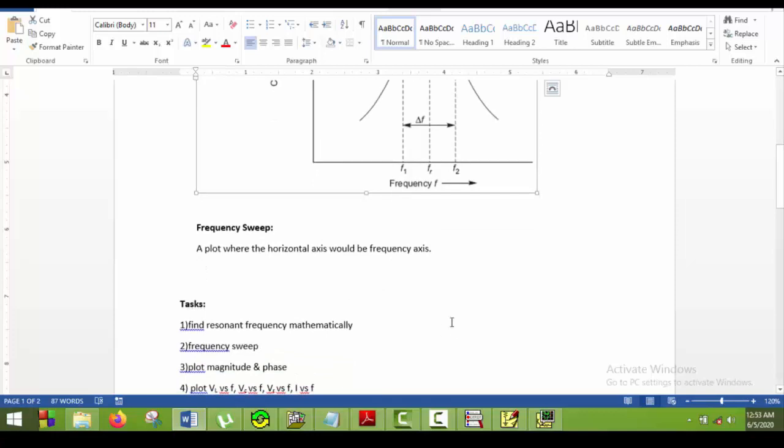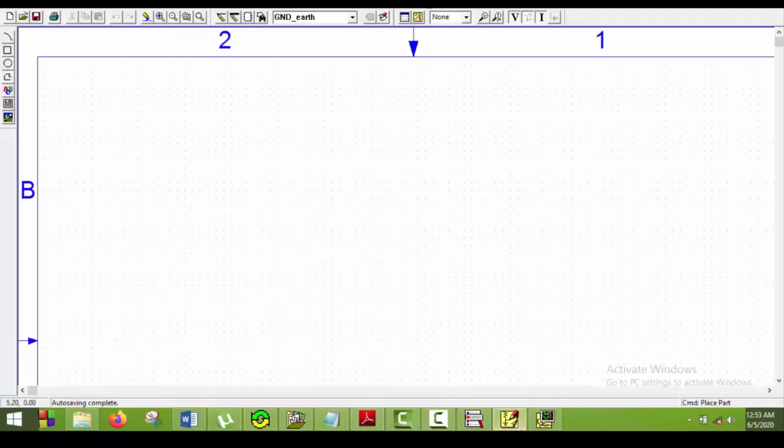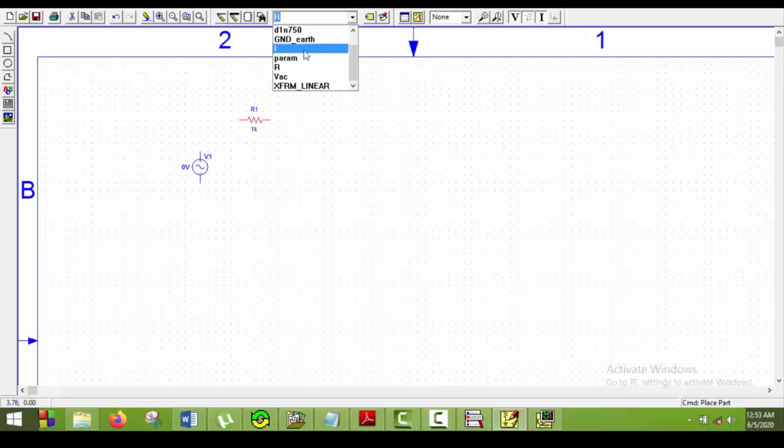Now let's go to the execution. We first have a look at the circuit. We need a VAC, a resistor, an inductor and a capacitor. So we'll go to schematic and get all of them. VAC, R, L, and a capacitor.